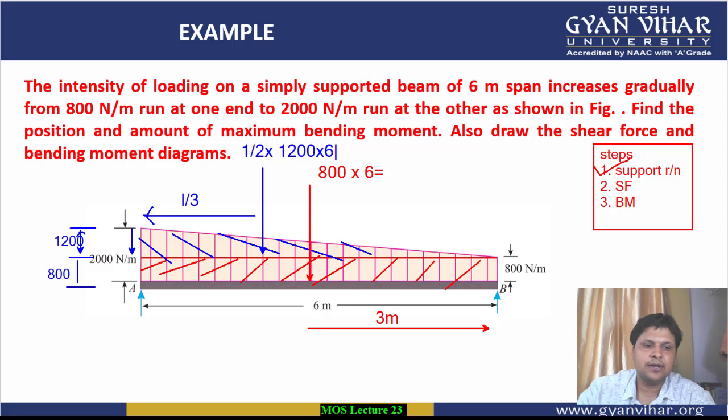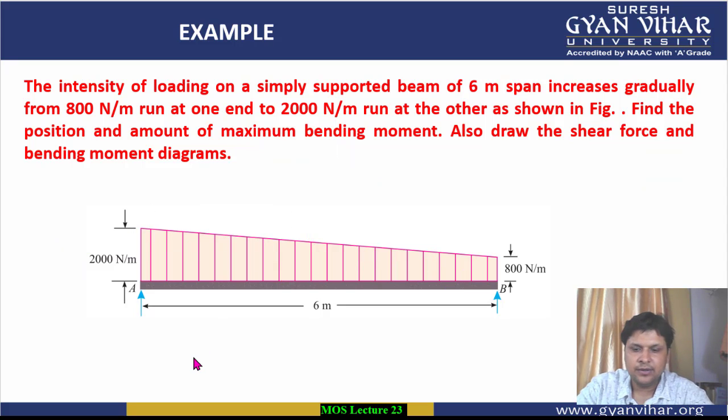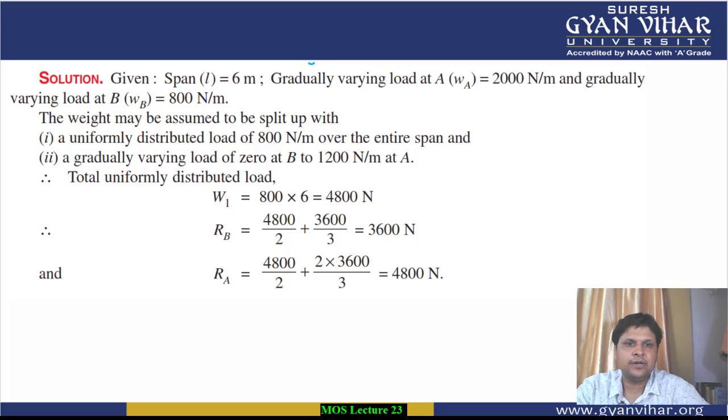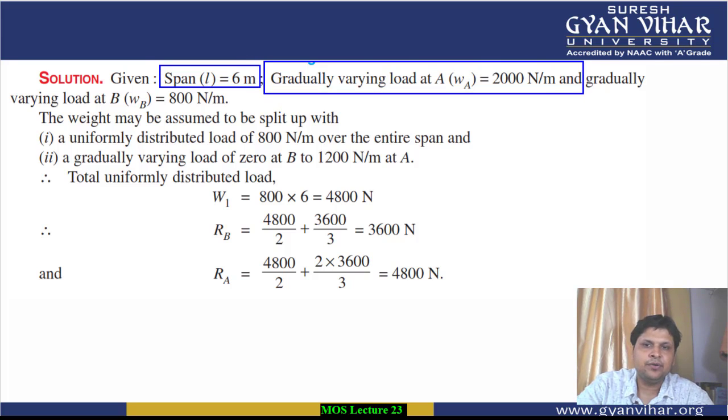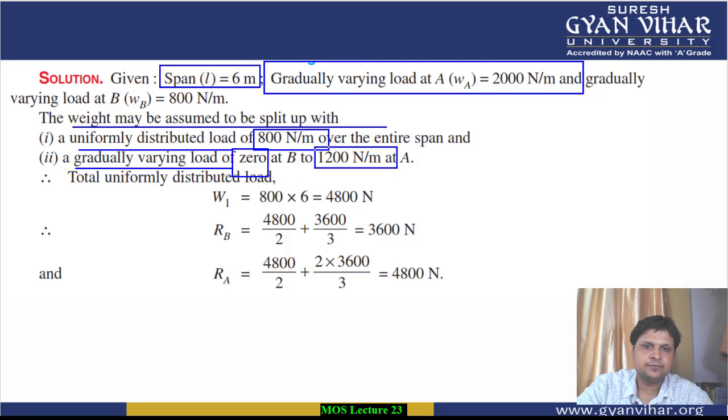This will give you the value of the UVL, which is considered to act at its center. Based on it, now we will calculate the support reaction. All right, I hope you have understood. Span given to us is 6 meter, and we are splitting the load into a UDL of 800 Newton per meter and a UVL which is 0 at one end to 1200 at the other end.